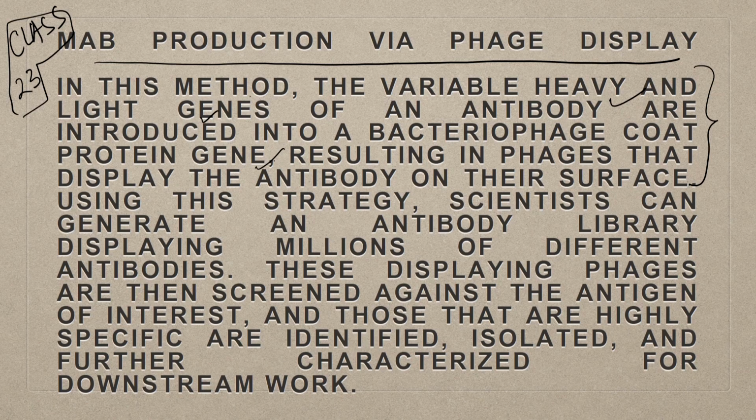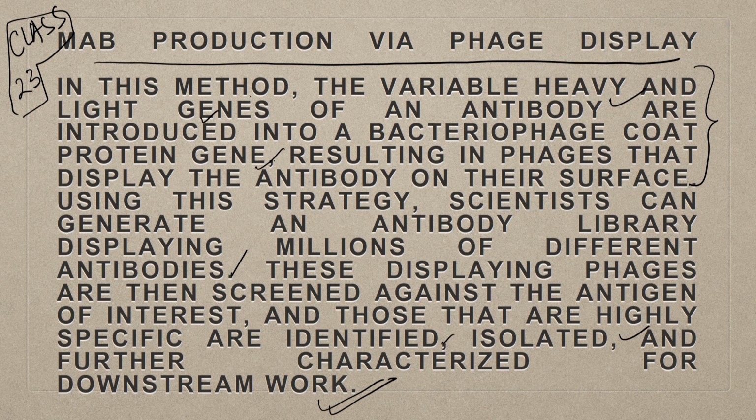So, it is a kind of phage display technology. Using this strategy, scientists can generate an antibody library displaying millions of different antibodies. These displaying phages are then screened against the antigen of interest, and those that are highly specific are identified, isolated, and further characterized for downstream work.